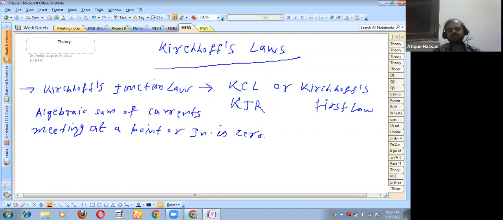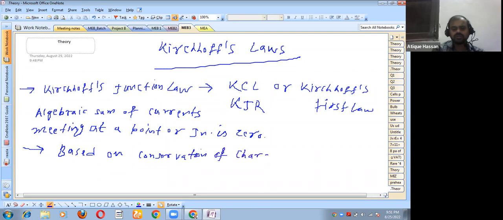What does it mean? Suppose we have a junction, so no need to go into theory basically, and it is basically based on conservation of charge. It is based on conservation of charge.